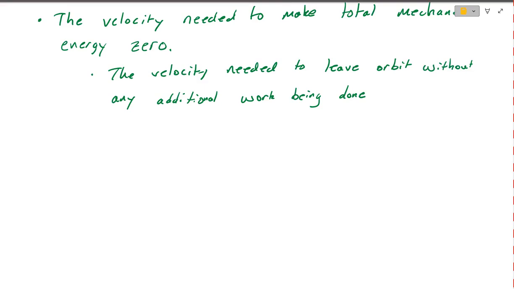So we can actually figure out this number, because kinetic energy minus gravitational, because remember it's negative, equals 0. That's what our definition said. We're moving fast enough so that we have 0 total energy, which means my kinetic energy is equal to my gravitational potential.